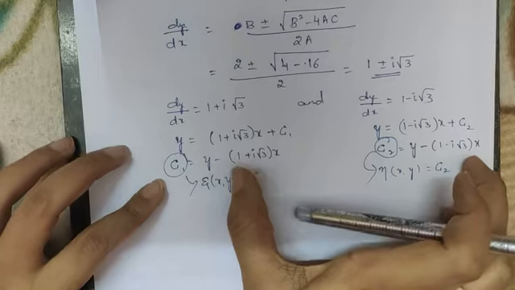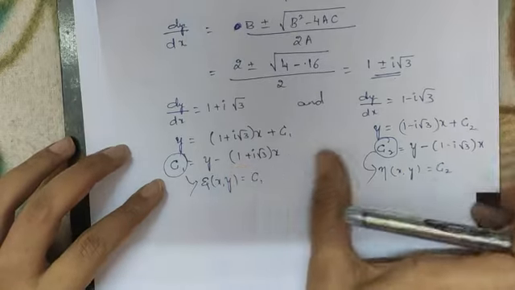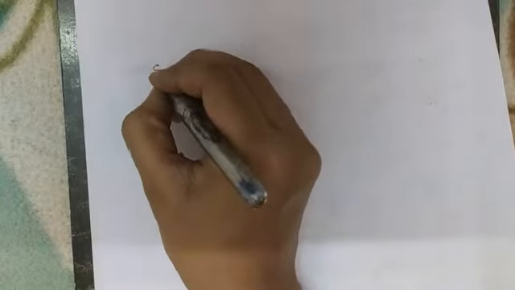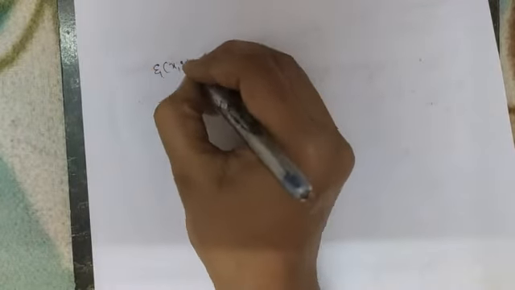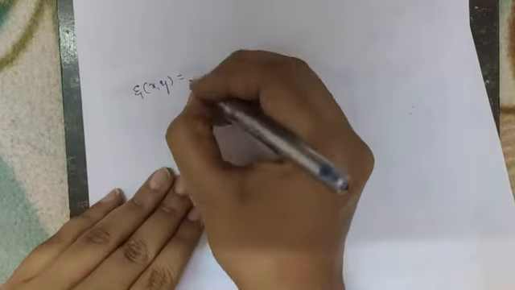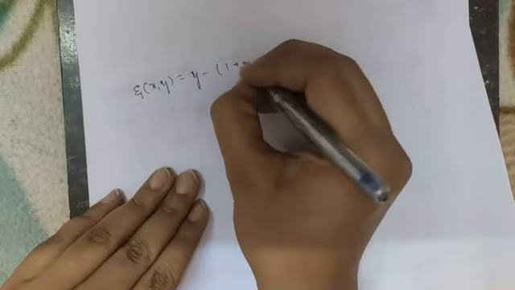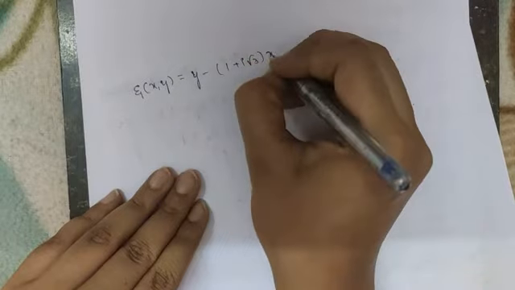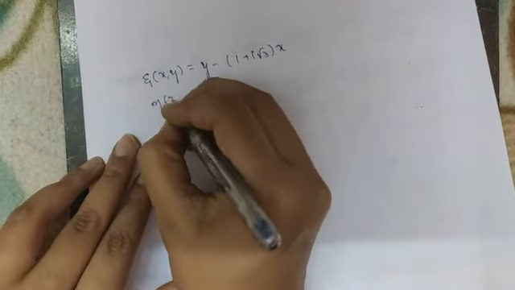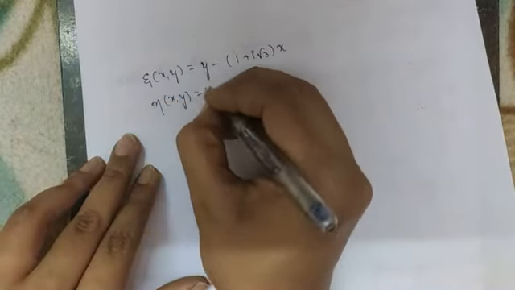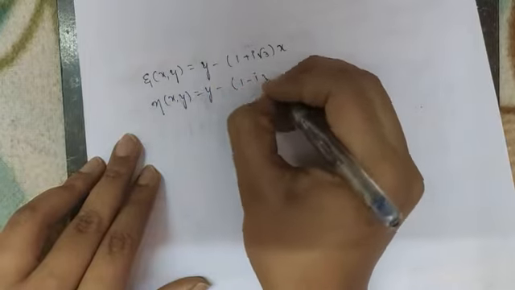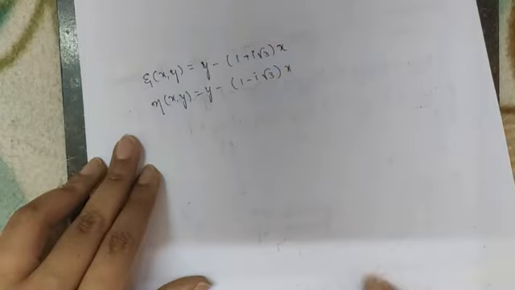These two are the slopes of the curves now. Okay. So now I can write xi of x comma y is equal to c1, c1 means y minus 1 plus i root 3 into x and eta of x comma y is equal to y minus 1 minus i root 3 into x.